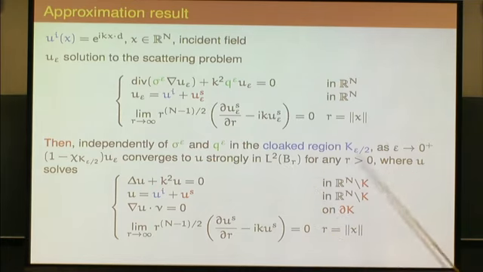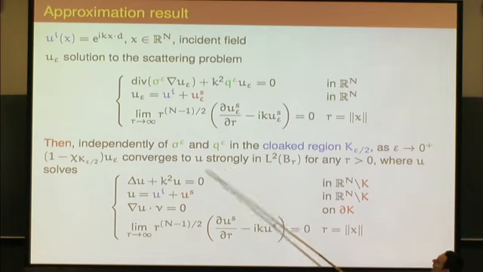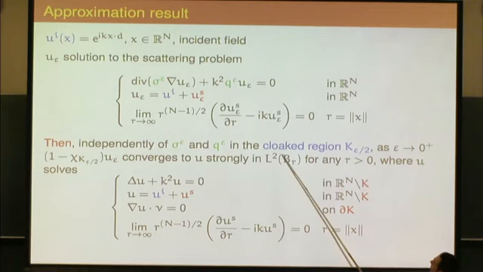So you have exactly the same kind of approximation. Instead of a thin obstacle, you use this kind of inhomogeneous medium, and you can allow whatever it is in the cloak region K epsilon half.